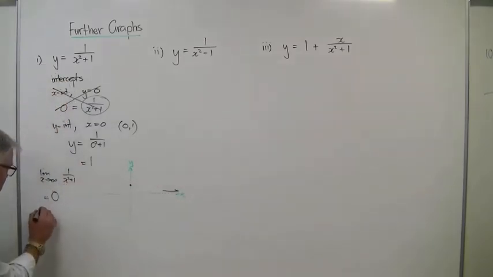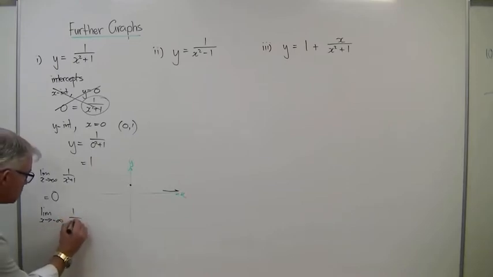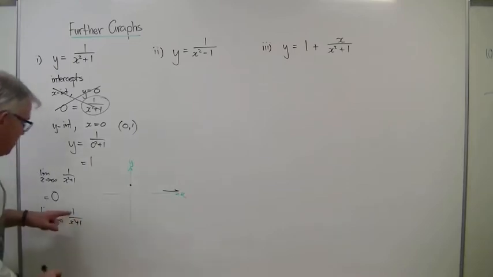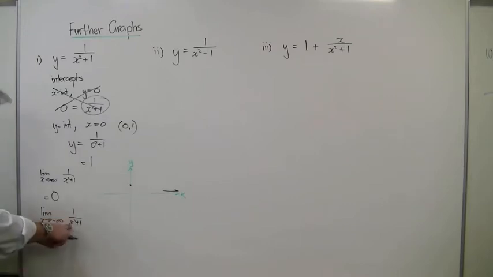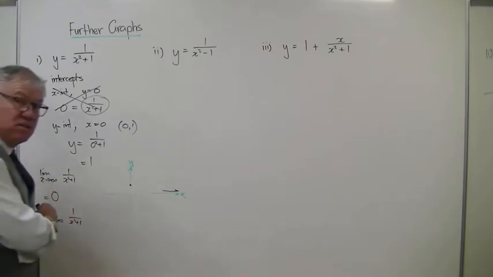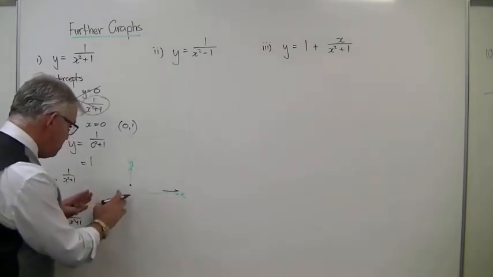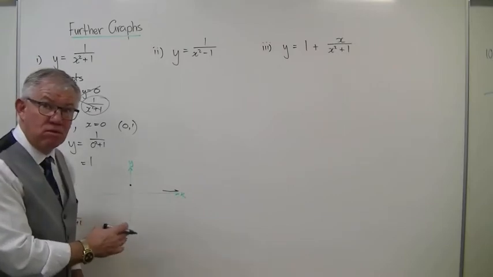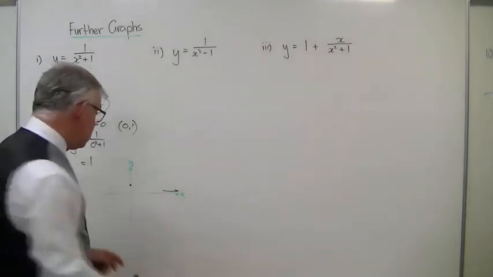Now what would happen when we go in the negative direction, the limit as x approaches minus infinity of 1 on x squared plus 1? Actually the same kind of thing's going to happen, because even though all the values on this side are negative values of x, when we square them, they're going to become positive, because negative squared is a positive.